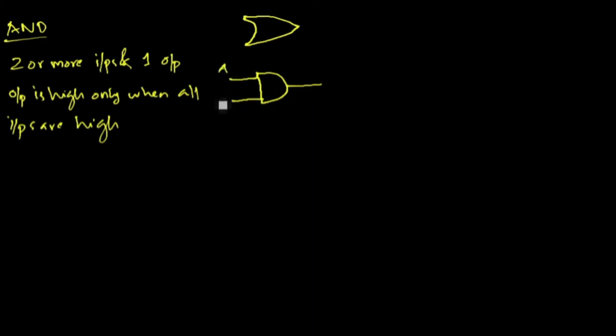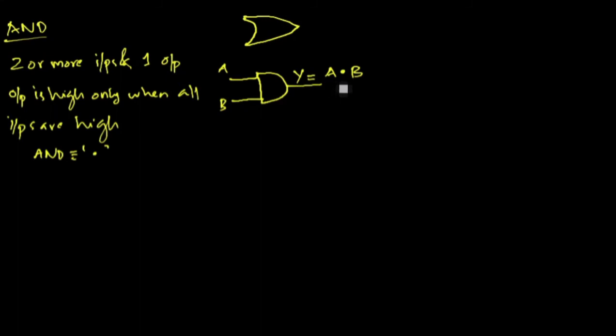So here suppose the inputs are A and B, a 2 input logical AND gate. The output is Y, and the logical operation of AND is represented by the symbol dot. So this is A and B. This dot is actually read as AND.